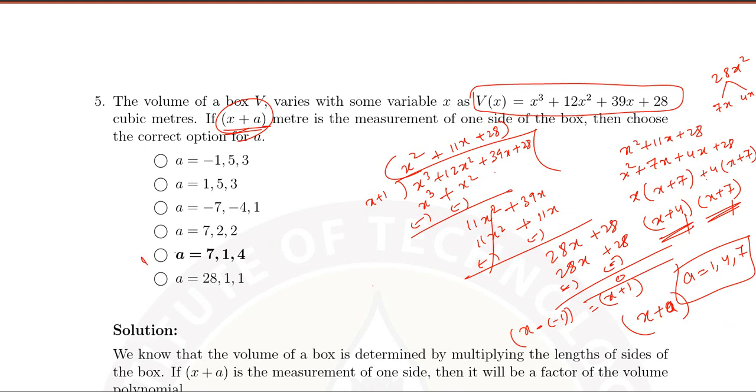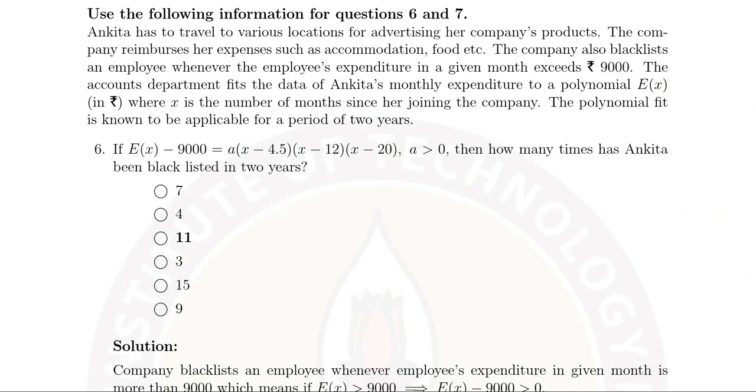Let's go ahead with the next question, number 6. For the next set of questions, that is question number 6 and 7, common information is given to us. The information is: Ankita has to travel to various locations for advertising her company's product.